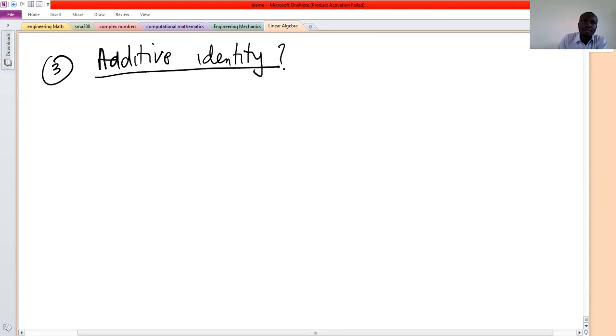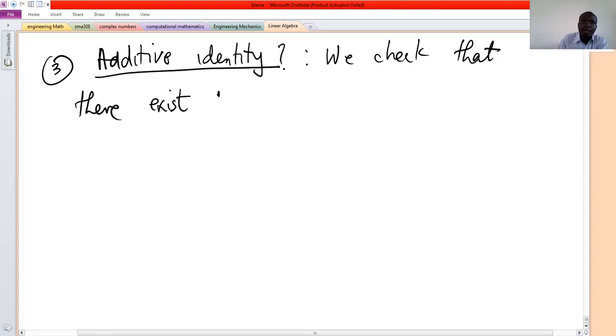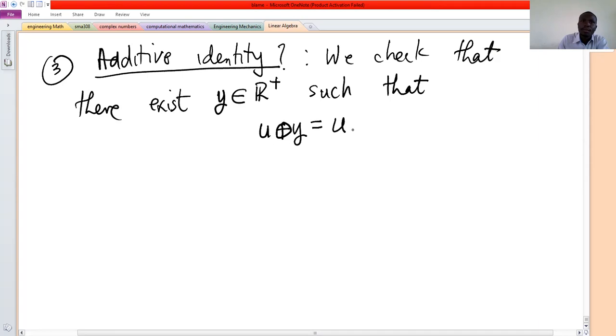Now for additive identity, we check that there exists an element y in R plus such that if I take u and then plus this y, then I get u, where u is still an element in R plus.